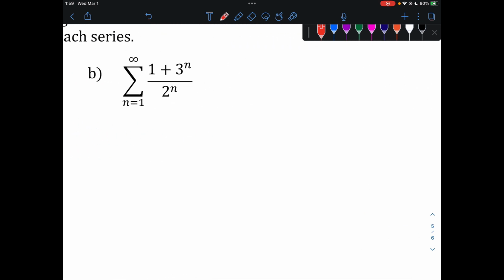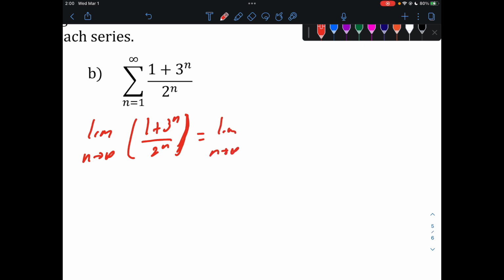Second one, so limit as n approaches infinity of 1 plus 3 to the n over 2 to the n. If you put infinity in there, you get infinity over infinity again, which doesn't really help. So if you use L'Hopital's, you would get 3 to the n times ln 3 over 2 to the n times ln 2.